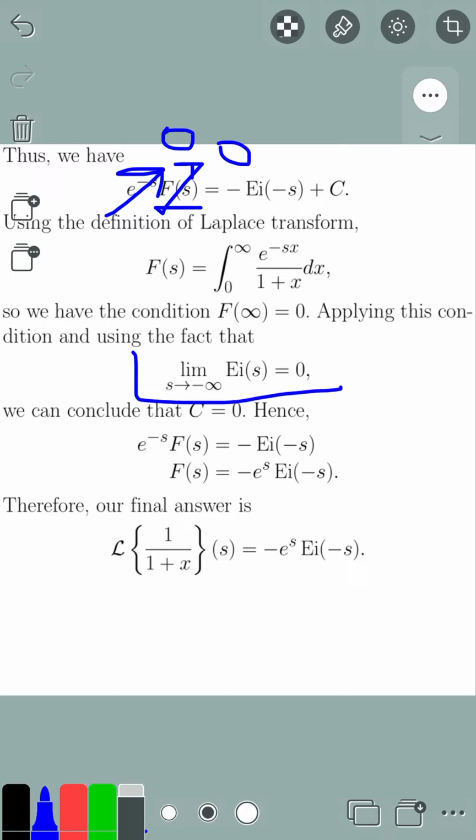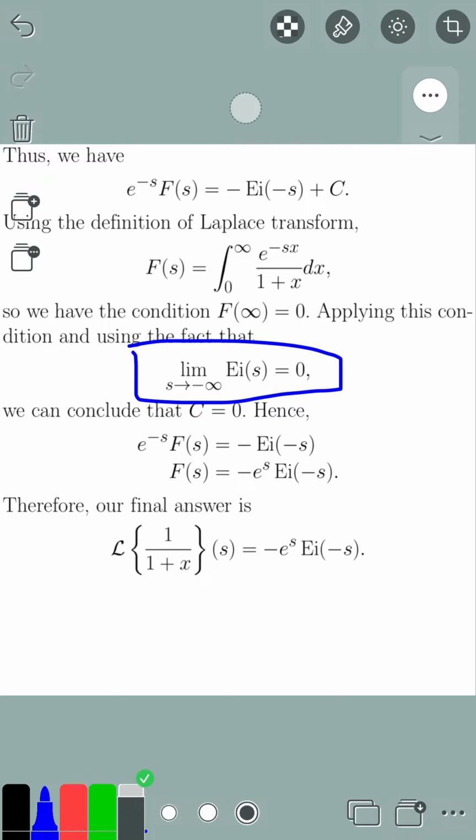And using the fact that the limit as s approaches negative infinity of Ei of s is 0, which means the limit as s approaches infinity of Ei of negative s is also 0, the constant c will be 0. So we found the constant c using the condition of f of s, and c is 0.